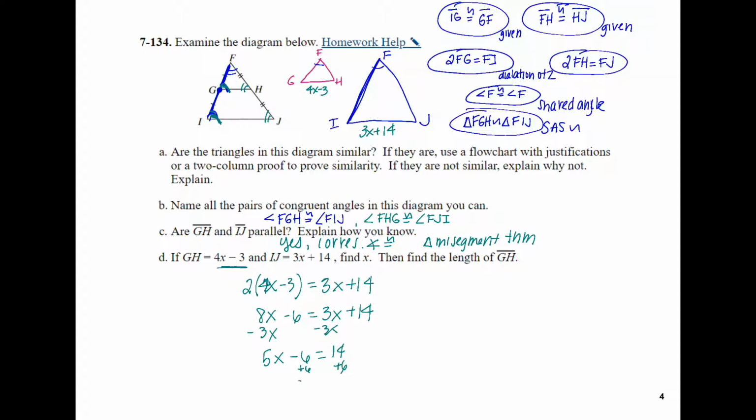Add my 6. 5x equals 20. X equals 4. I then can find the actual length of GH by plugging x back into my equation. So line segment GH is equal to 4 times 4 minus 3, 16 minus 3. Line segment GH is equal to 13 units.